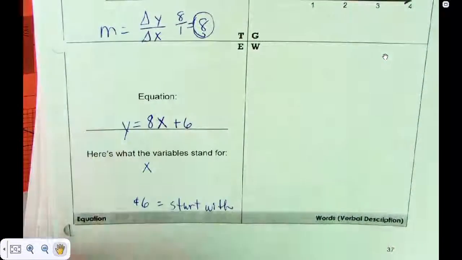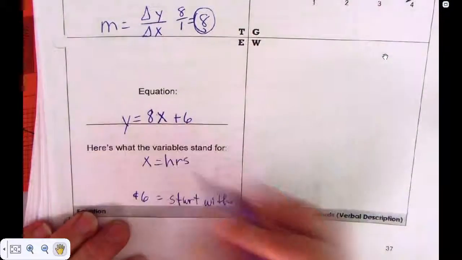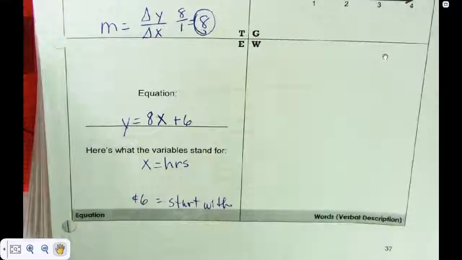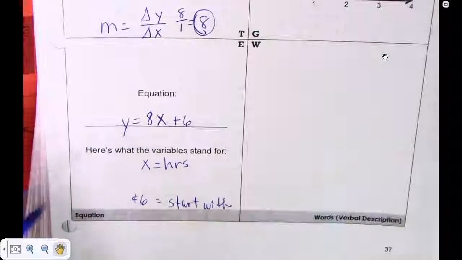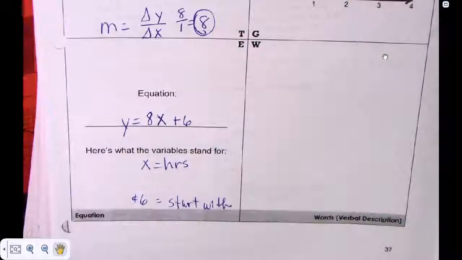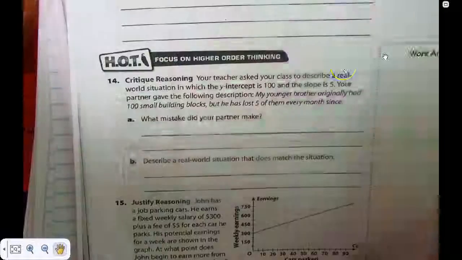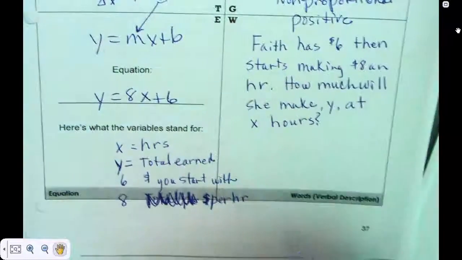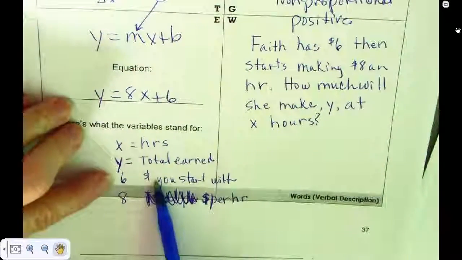All right, on here, let's let X be the hours. Okay, so we're going to do $6 is the amount you start with.